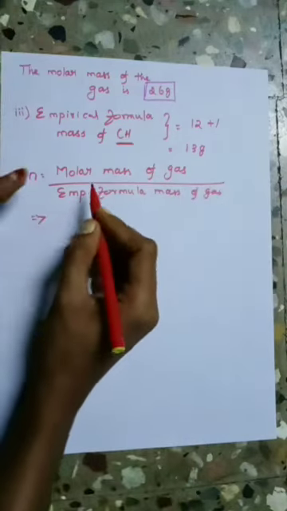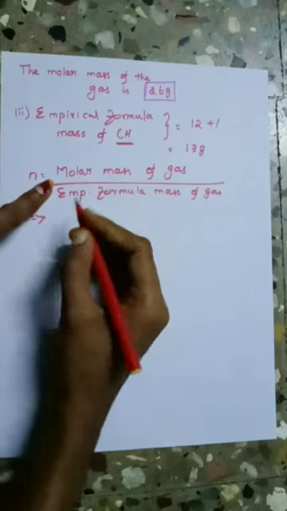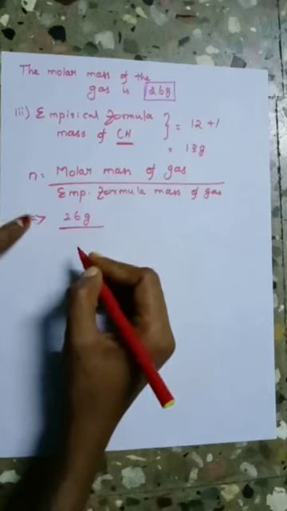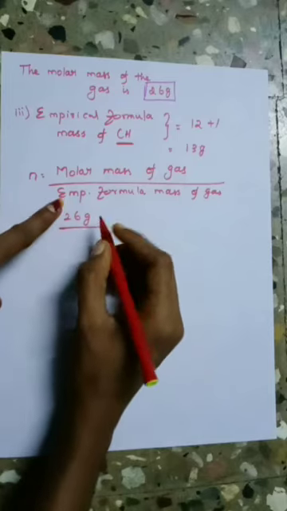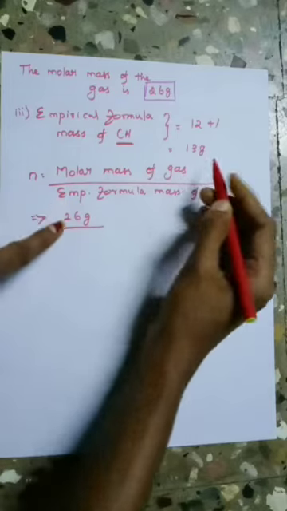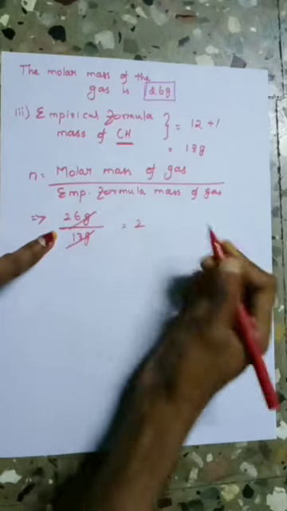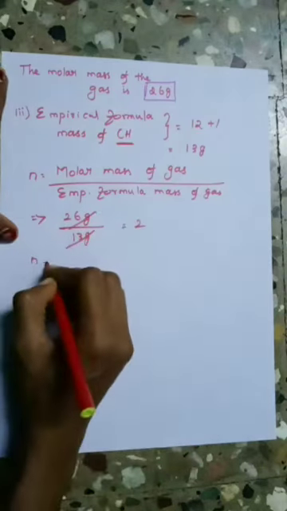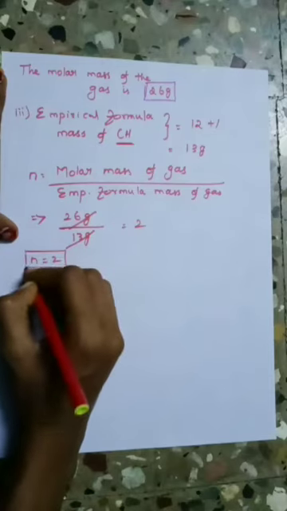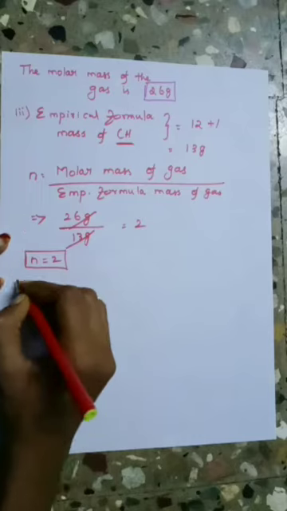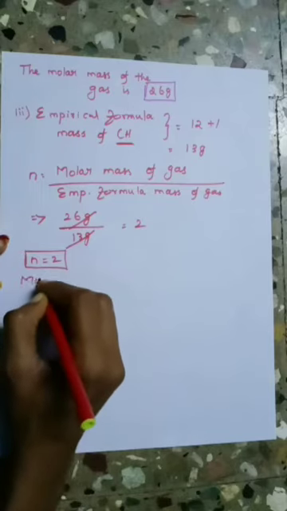We know the molar mass of the gas is 26. Am I right? 26 gram divided by the empirical formula mass, that is 13 gram. So the answer is 2. So N is 2, and using N we can find the molecular formula.